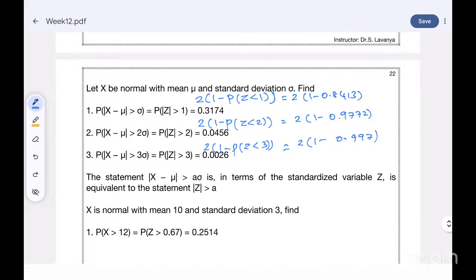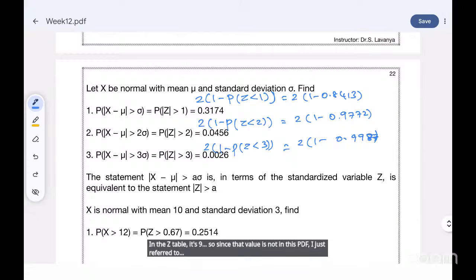Let me check the Z table value. In the Z table, it's 0.9987. It's not much different. Since that value is not in this PDF, I just referred to the Z table.